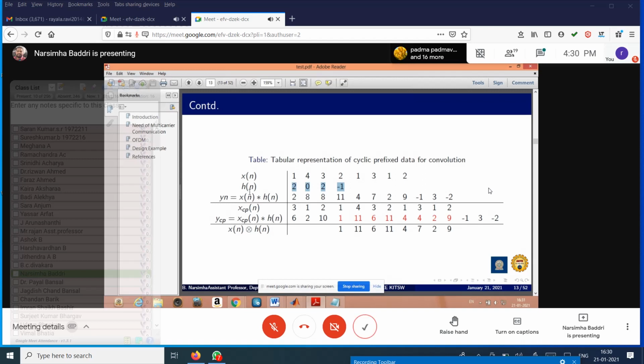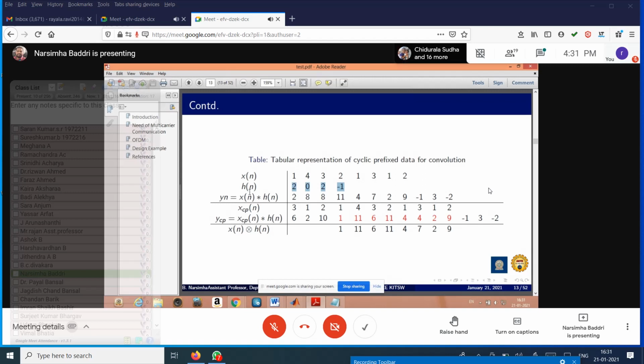So y of k is equal to x of k into h of k. Suppose y naught is the first output sample. It will be affected by only x naught and h naught, not all the remaining filter coefficients.